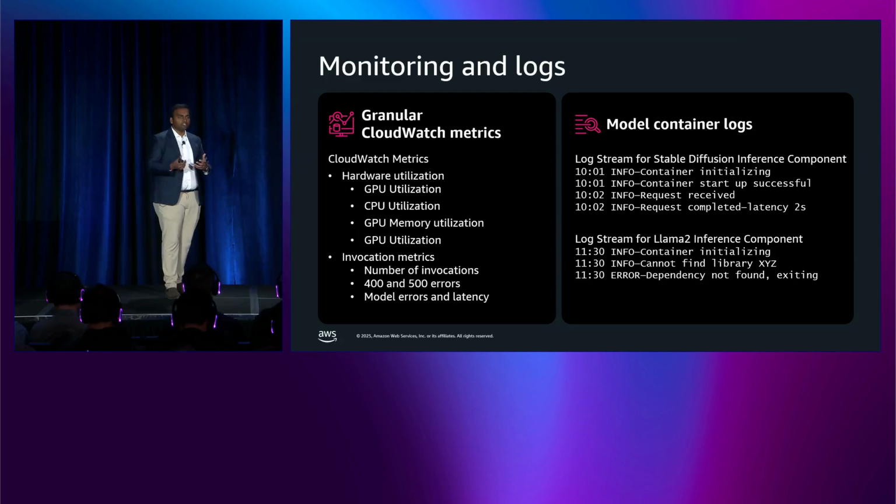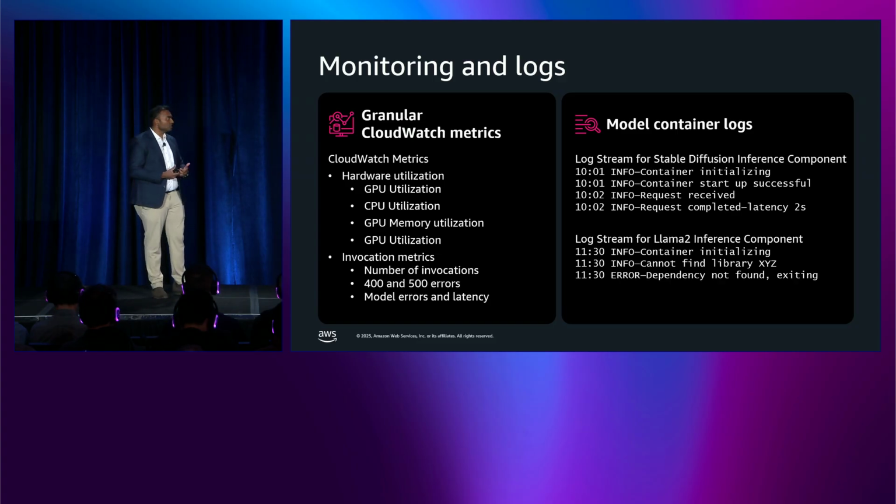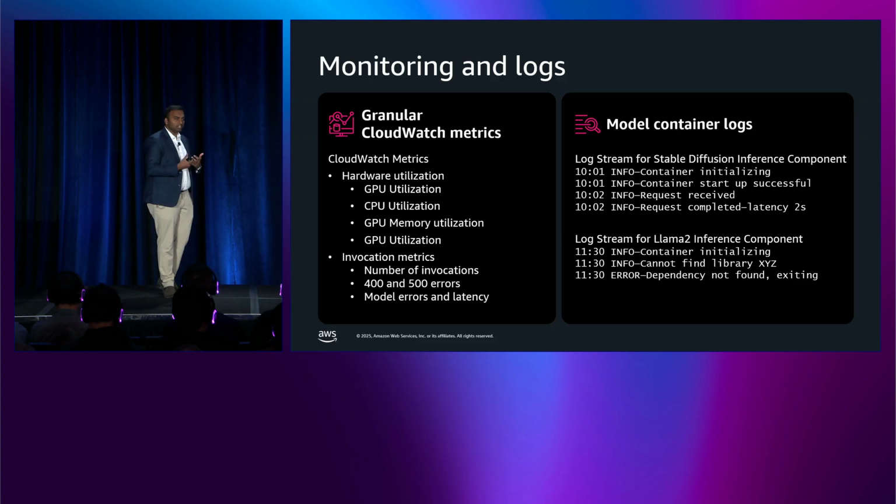The basic idea is that based on this, you take necessary action, either scaling up or ensuring that you process more requests through these GPUs. We also track the number of invocations. Our router mechanism exports metrics that calculate how many errors there are and how much the latency is for these errors. The idea is that you don't have to build all of these yourself. We have it, and you can just deploy your models and get these out of the box in CloudWatch.